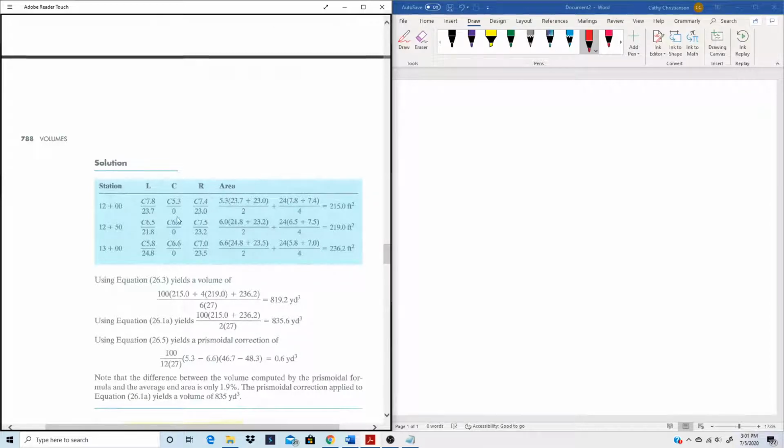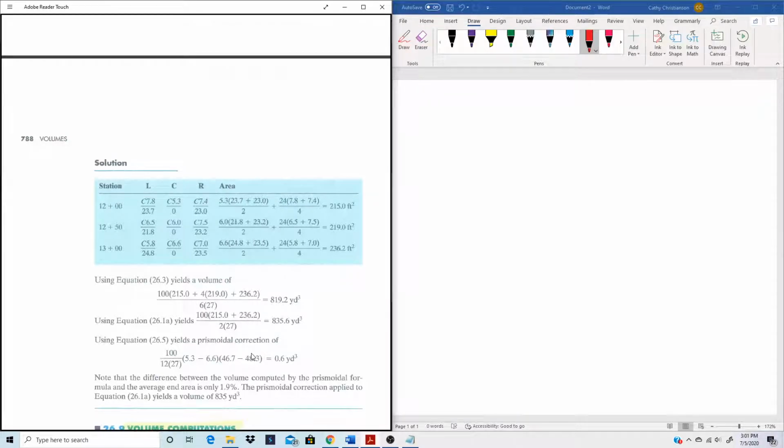So you've got a total width of 46.7. And then on 13, you have a 24.8 to the left and a 23.5 to the right for a total of 48.3. So in other words, you can see how they got the prismoidal correction.